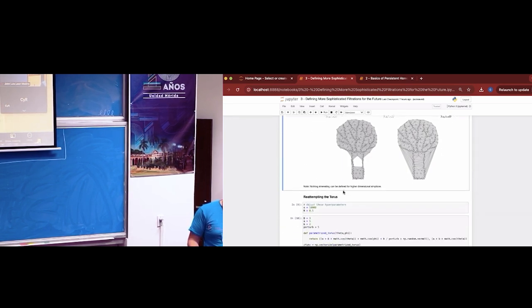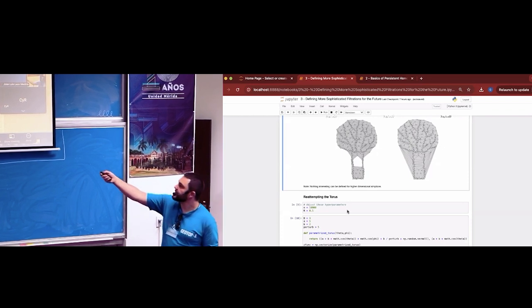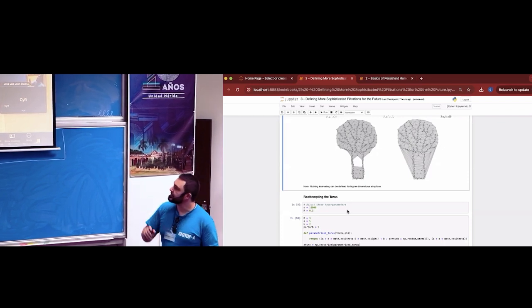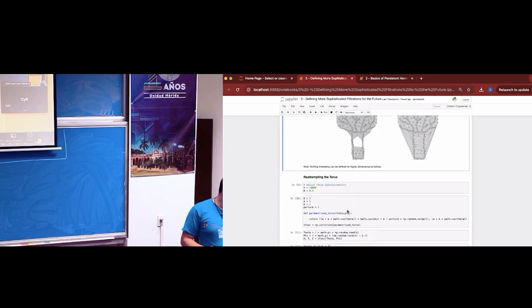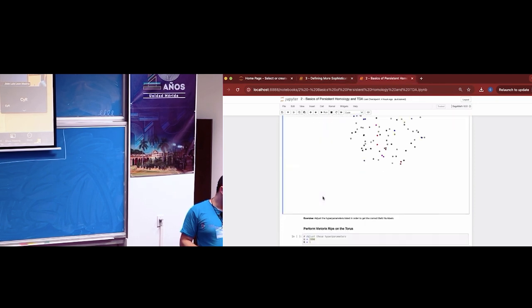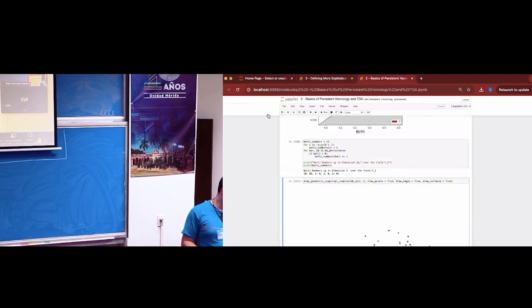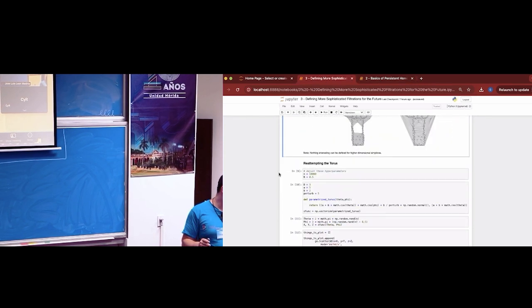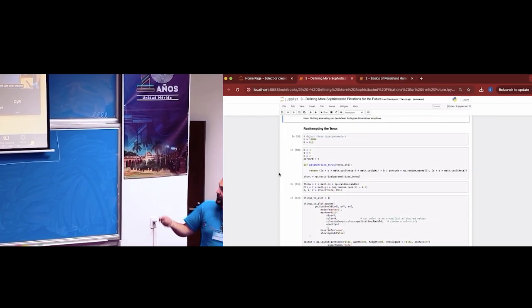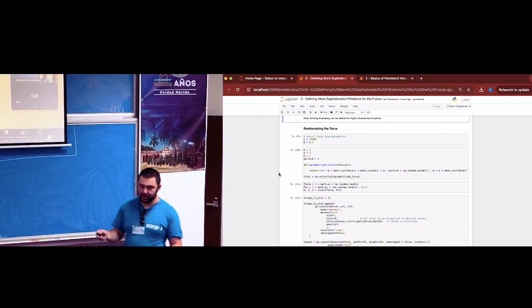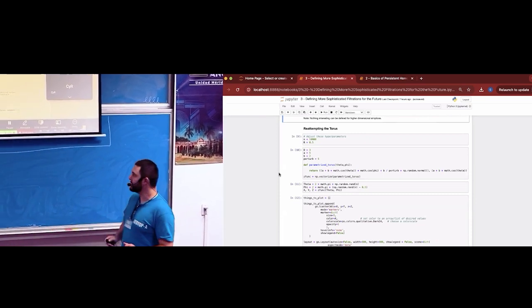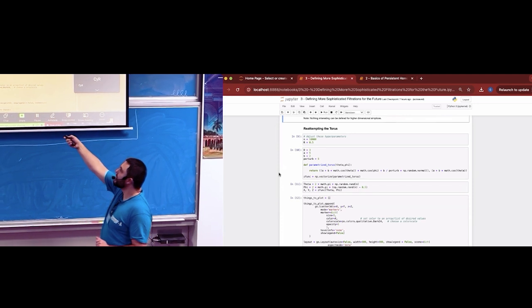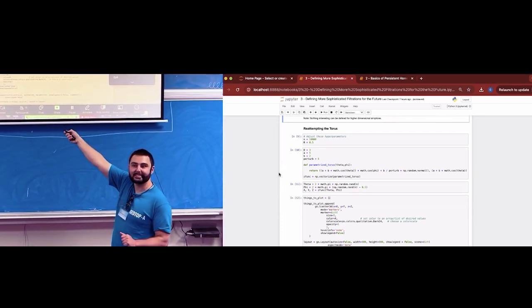Okay. So, like I said, nothing interesting can be defined for higher dimensional simplices. We saw that we couldn't do the torus here. It was very sad and made all of us cry. So instead, now we have to reattempt the torus. Let's all run it on our computers, but if you don't want to run it, you can just watch. Start off with 10,000 points. That's right.